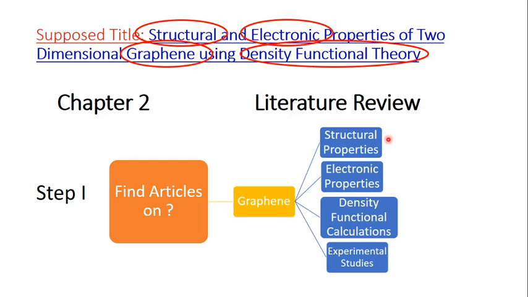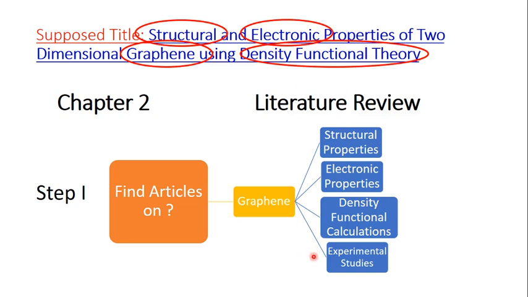So you need to find research articles on structural electronic properties of graphene, and those papers can involve density functional theory calculations. Although this thesis is about using only density functional theory, which is a theoretical tool, they can be about experimental studies also.